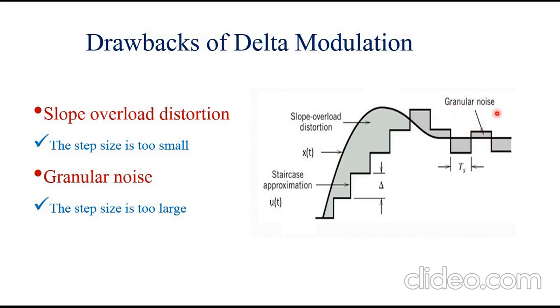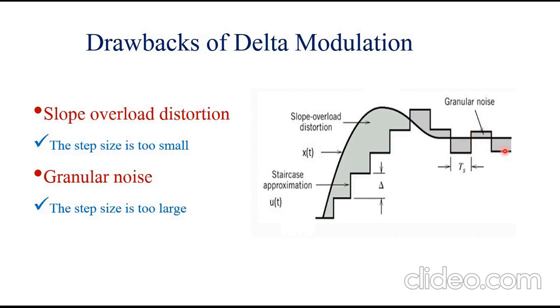The solution to this problem is to make the step size small, because in granular noise the step size is too large compared to the small variation of the input signal. This means that for a very small variation in the input signal, the staircase signal is changed by a large amount delta because of the large step size.